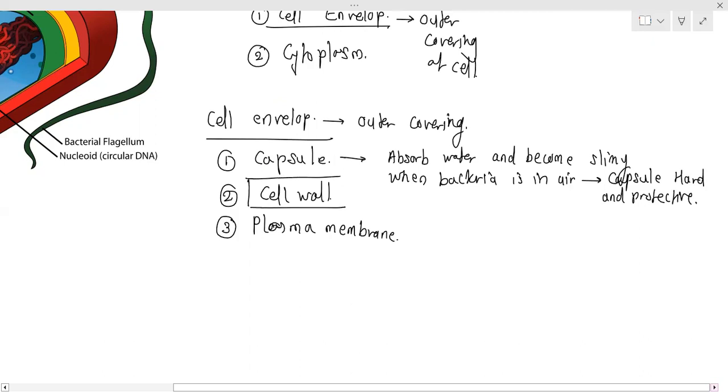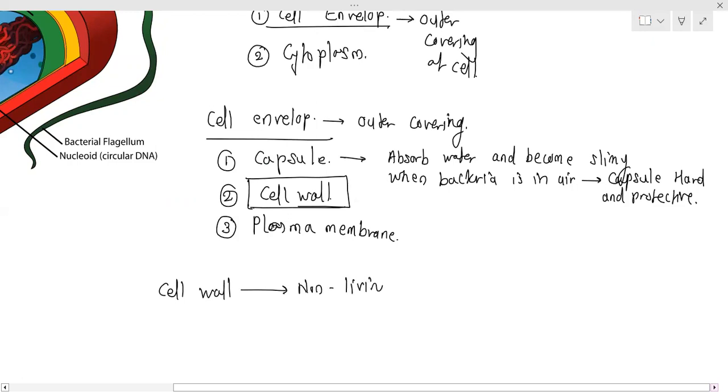The second part of the cell envelope is cell wall. When I talk about cell wall, remember cell wall in bacteria is basically a non-living part.